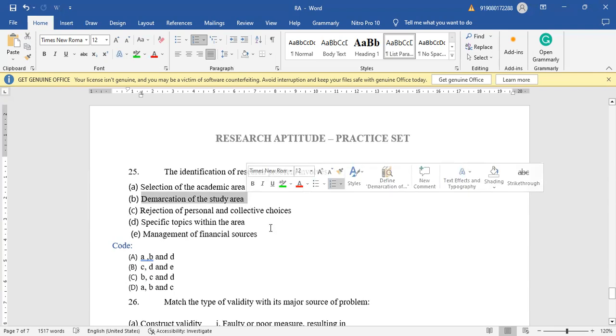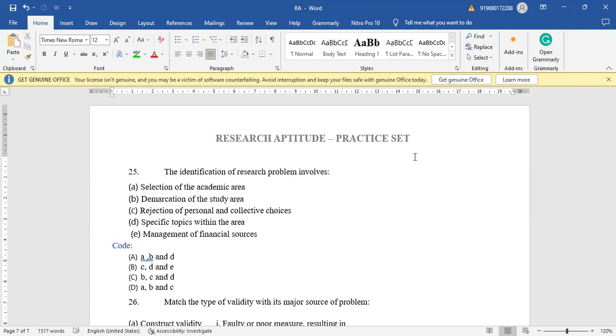Demarcation of study area. The identification of research problem involves demarcation of research areas. Is that correct? When you identify the research problem, will you take the geographical area into account or not?